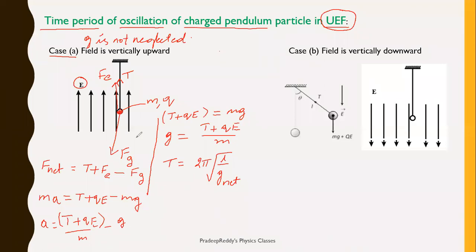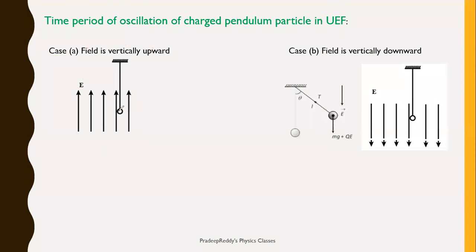Now I have used free body diagram here using net force. Instead of net force, by simple conceptual understanding, you can solve this problem easily. I'll show you how it is. Now see, in this particular pendulum, there is electrostatic force acting in upward direction, and that acceleration is upward.